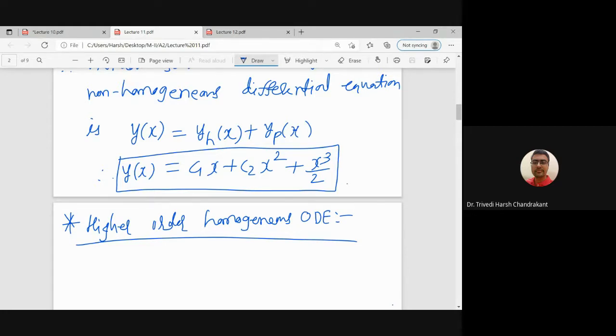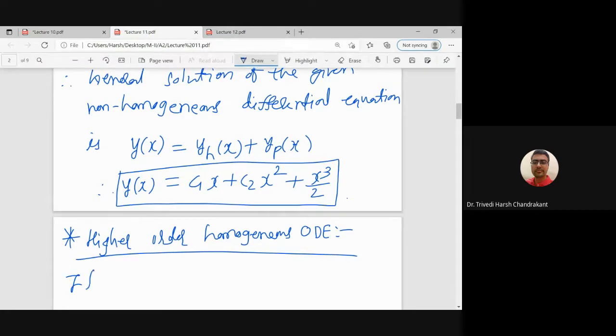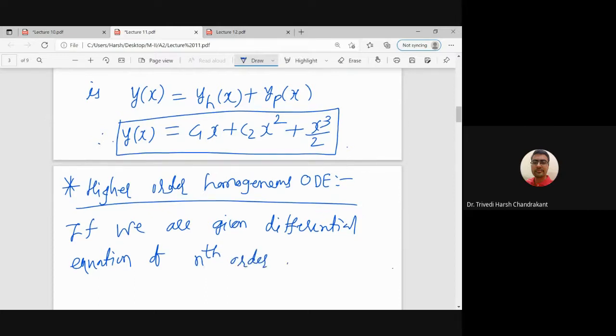So first, we shall only discuss the differential equation with the constant coefficients. So if we are given a differential equation of nth order, linear equation with constant coefficients.